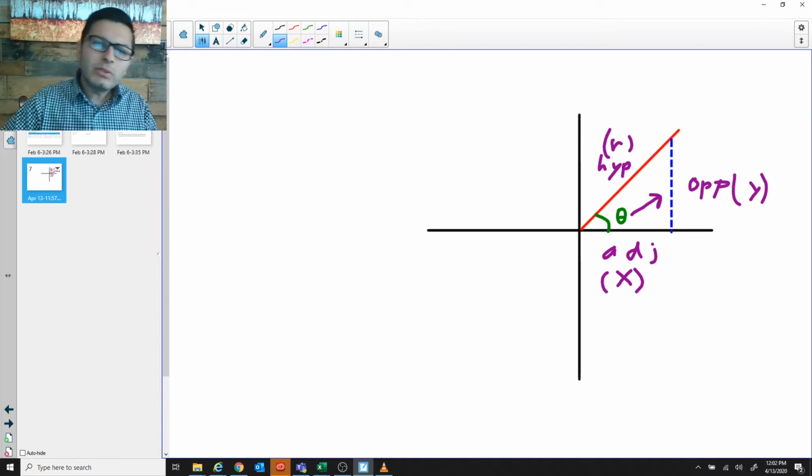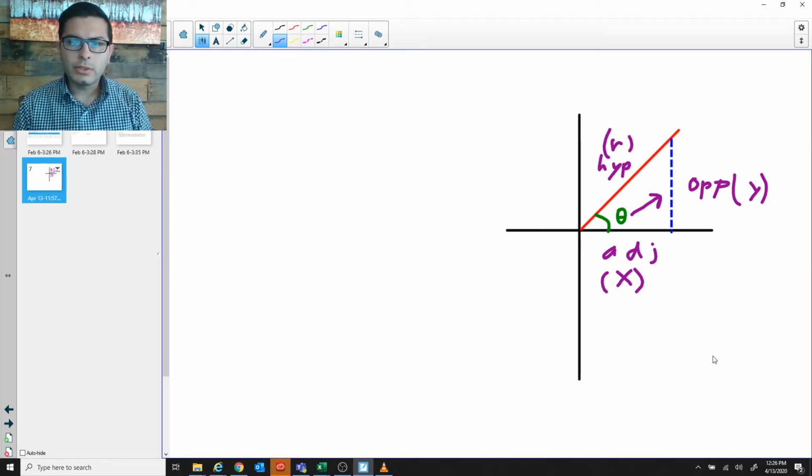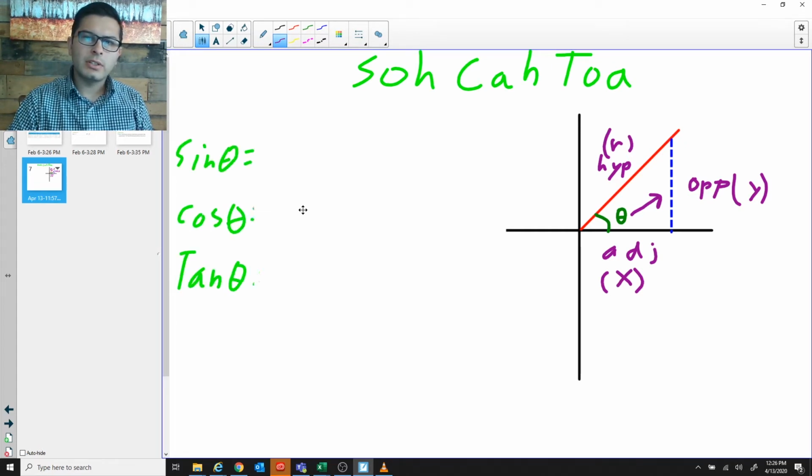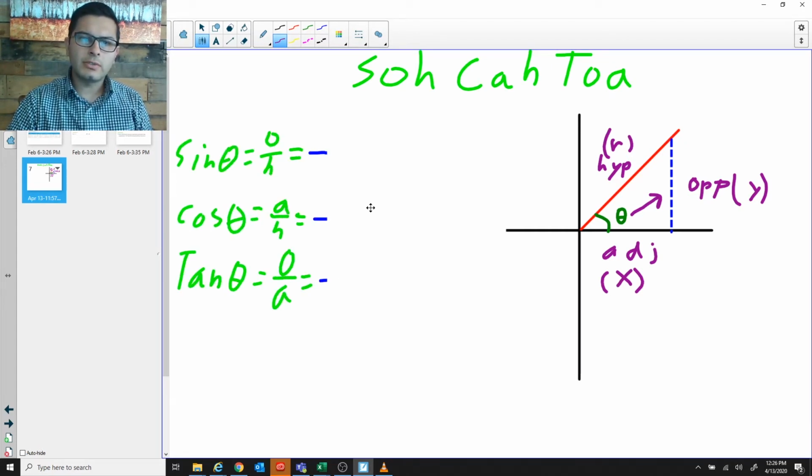Now, if we use that with our sine, cosine, and tangent, what does that do to our trig functions? The first thing that we're going to have to do is use our SOHCAHTOA. Sine being opposite over hypotenuse, cosine being adjacent over hypotenuse, and tangent being opposite over adjacent. And that's how we're used to seeing it right here. But now that we have other values, let's see if we can fill them in.